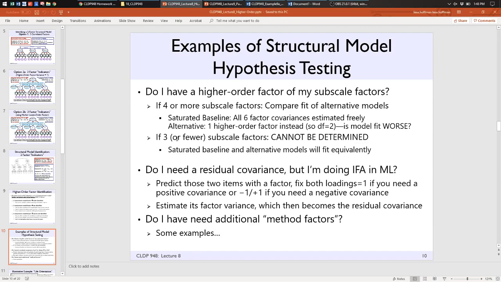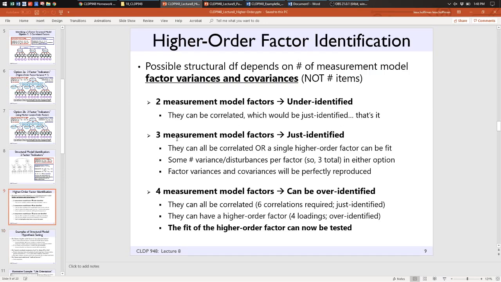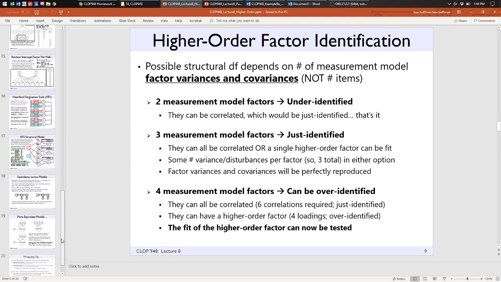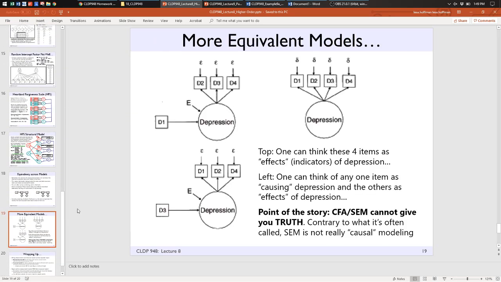Question? On the previous slide, so there's still a theoretical problem with having one observed variable predicting a factor, right? There's still a theoretical problem with that. Statistically, there's not going to be any difference. These models fit equivalently. The ones on the left are thinking of one of those variables as the predictor and depression is the outcome.